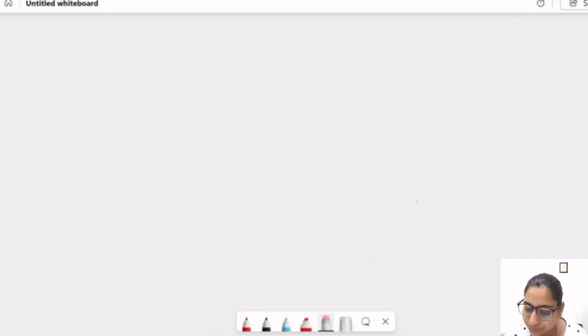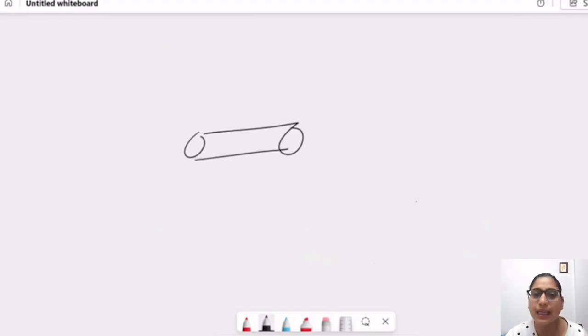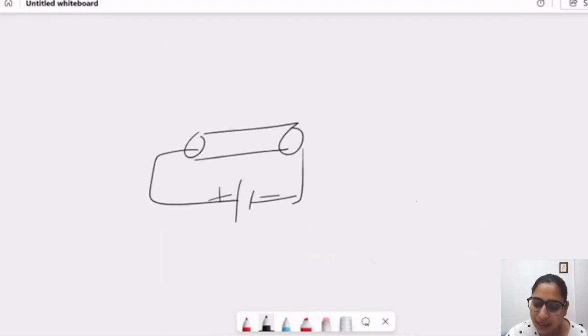Okay, now before I give you the definition of electronics, let me show you one diagram here. Consider this is a copper wire. And if I connect it with some electricity or voltage, then the electrons inside get excited and start flowing in a particular direction.